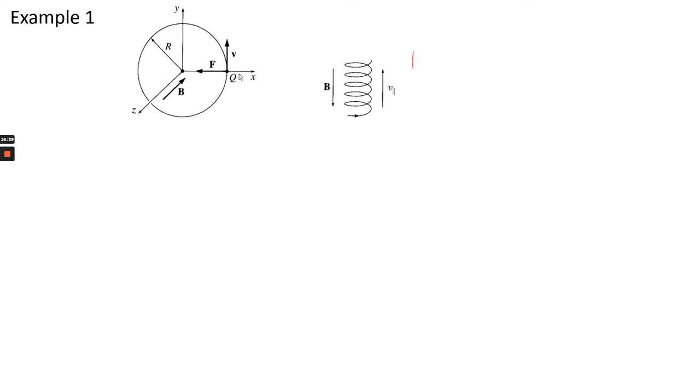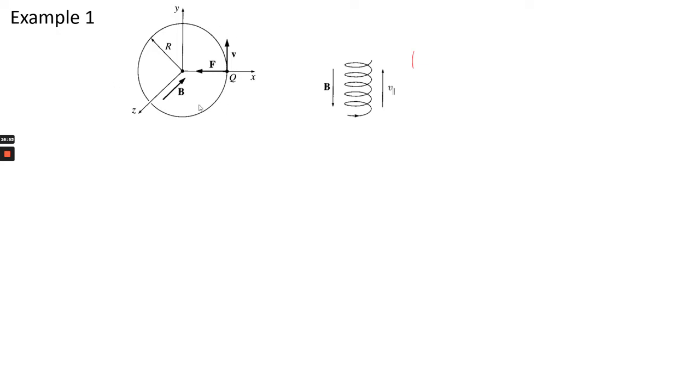If your charged particle is moving upward and your magnetic field is pointing in the z direction, or onto the page, instead of moving straight, because of the presence of this magnetic field, it will curve this way, and somehow it will make a circular trajectory.